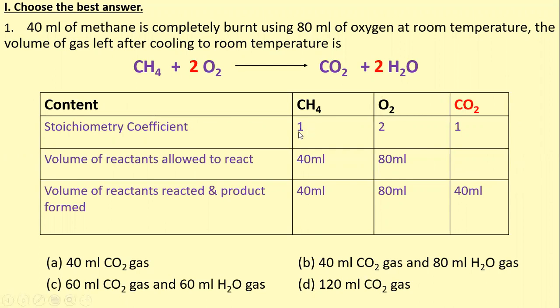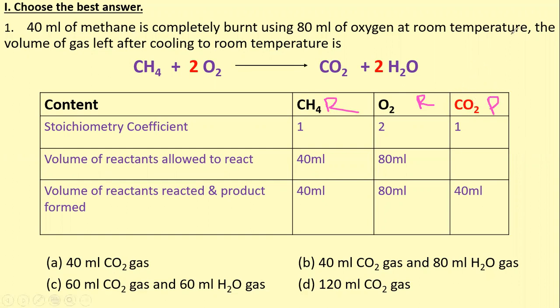We all know the coefficients are said to be the moles. Here CH4 is a reactant and oxygen is also a reactant, but carbon dioxide is a product. That is how I have written it.